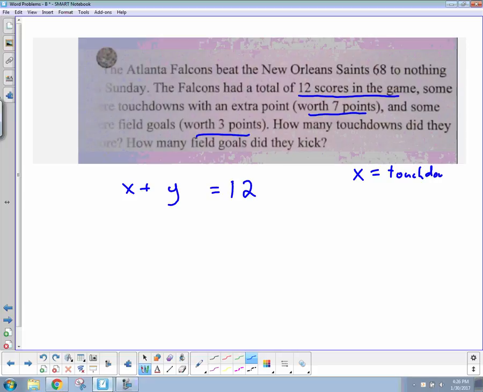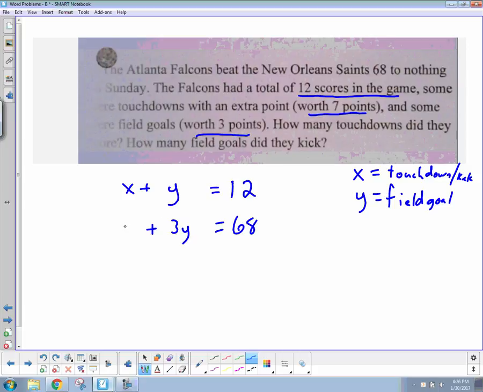And then Y is going to be field goal kick, where they just kick the field goal. Those are worth 3 points. So, they scored 12 times with touchdowns and field goal kicks. What's their worth? Well, they had a total of 68 points. Field goals are 3, and the touchdowns plus the extra point are 7.